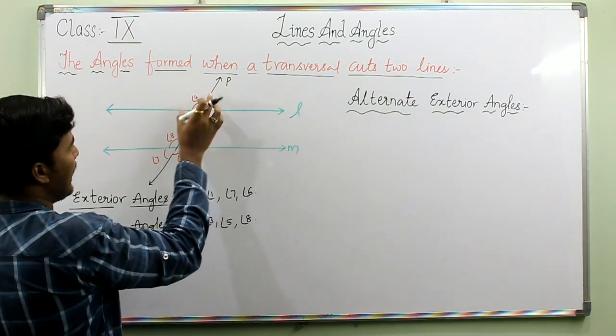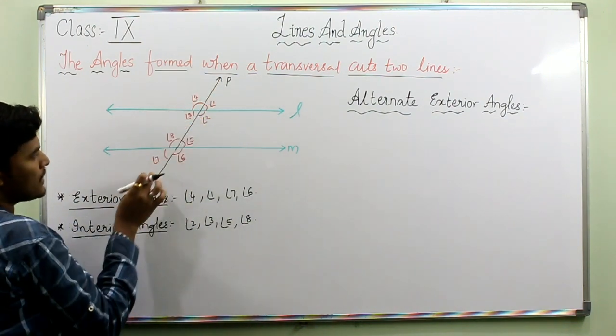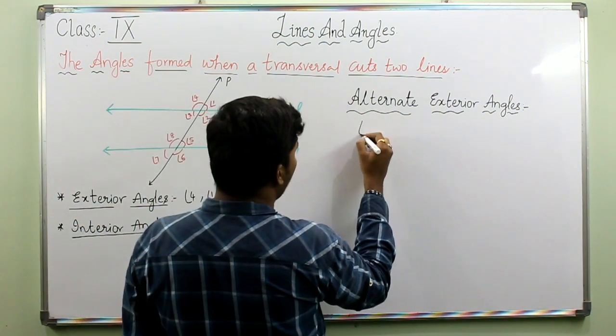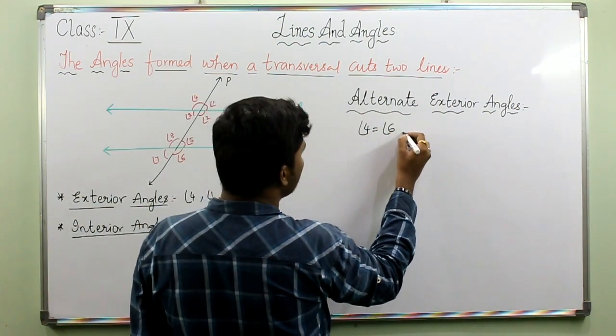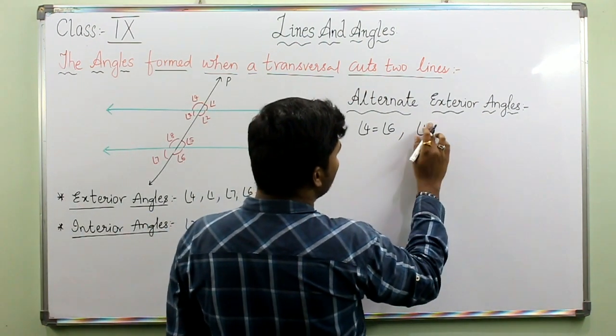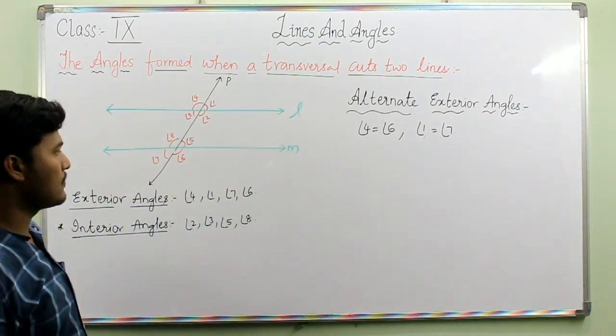So the exterior angles are 1 and 4, 7 and 6. This is a transversal, and opposite to it we have 4 and 6. So angle 4 is equal to angle 6, and on this side, angle 1 and angle 7 are also called alternate exterior angles.